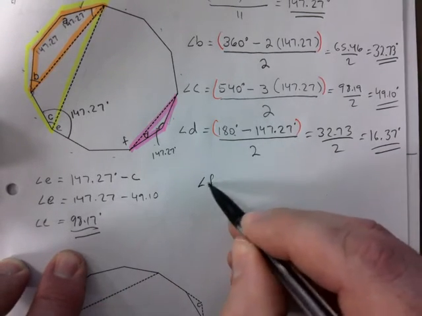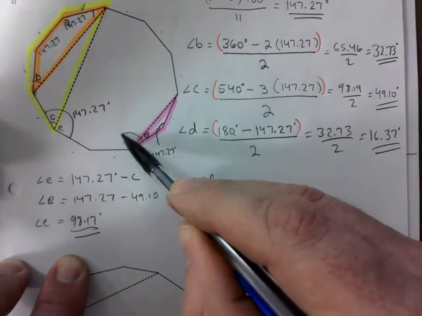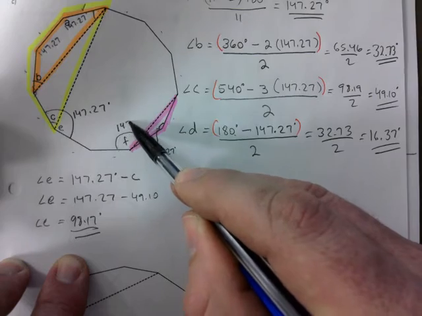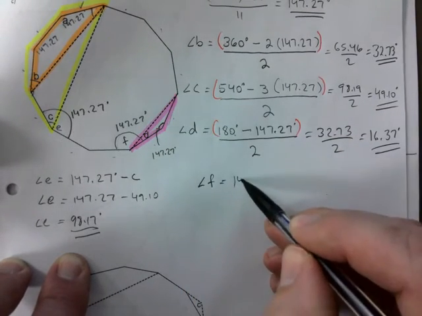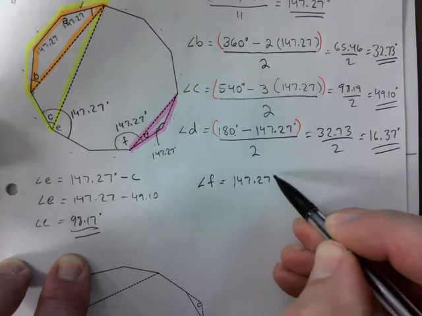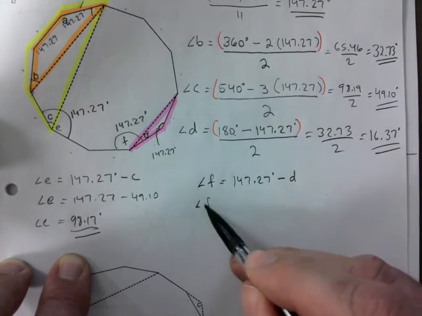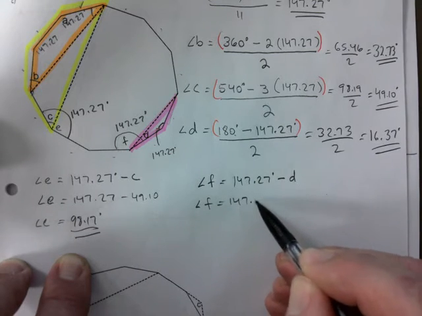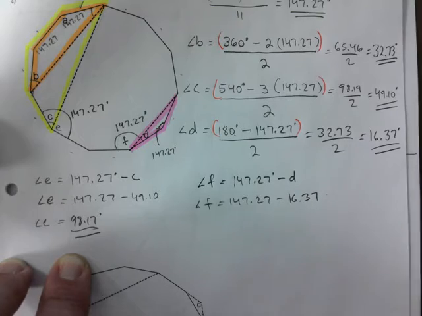If I wanted to find angle F, same thing here. This whole thing is 147.27, so I'm going to do 147.27 minus angle D. D is 16.37.